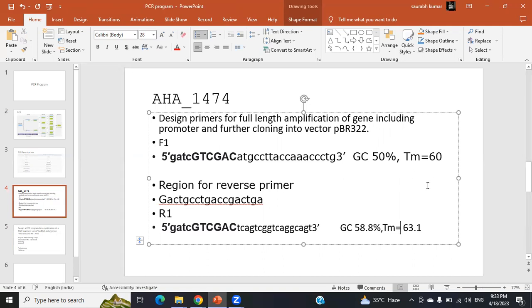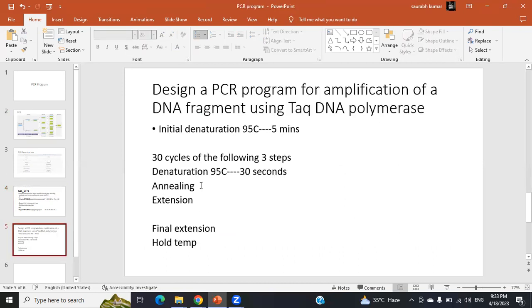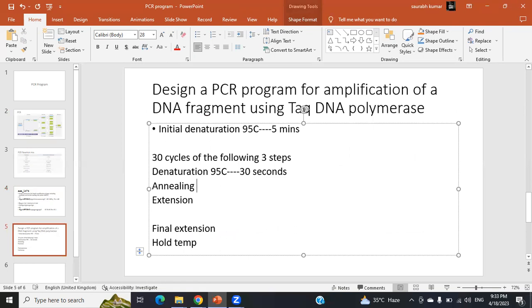So the preferred annealing temperature would be 55 degrees, and we might have to redesign the primer accordingly so that the TM of the primers is 60 or above, if you want to use 55 as the annealing temperature. So in this example, I can use the annealing temperature as 55 degrees Celsius, and time can be again around 10 seconds.